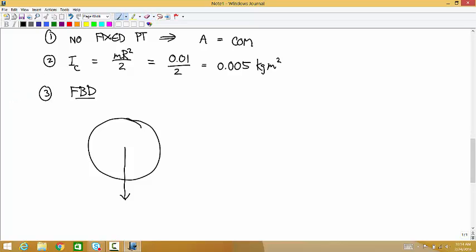So the first one is weight. That's how I always want you to think about it. Just weight, contact, weight, contact. I want you to take all the creativity and fun out of it. Just first, the weight. It has a mass of 1 kilogram times 9.81, so 9.81 newtons down.